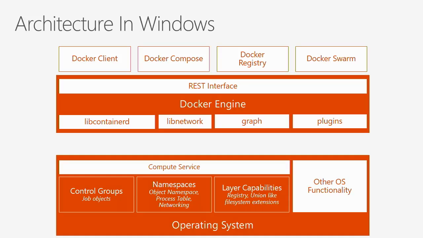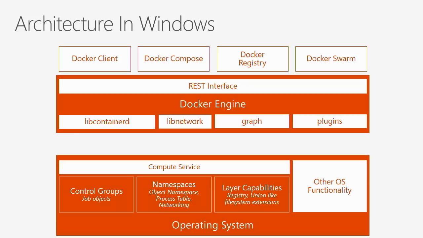Let's talk about what this actually looks like under the covers. So I mentioned we run Docker. It's a management engine for containers. And containers is a base functionality in the operating system. Now, when you actually sit at the command line and type in your Docker commands, you're running the Docker client, all the way up on the top left.